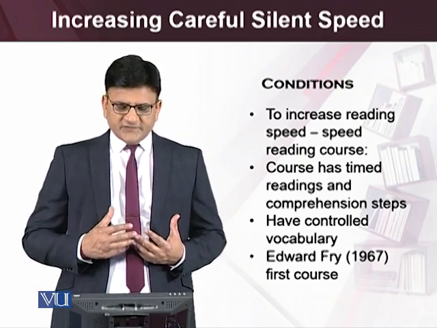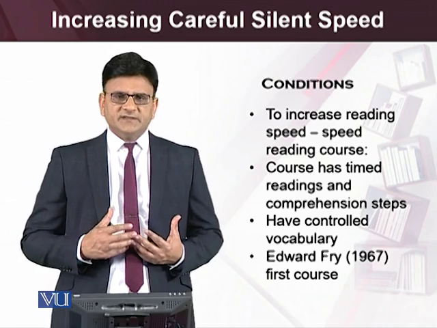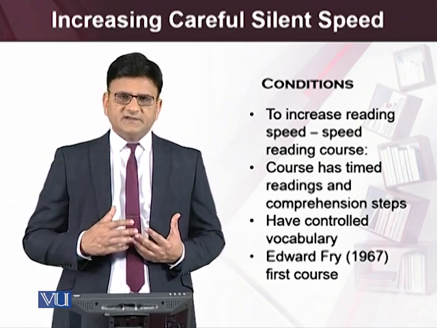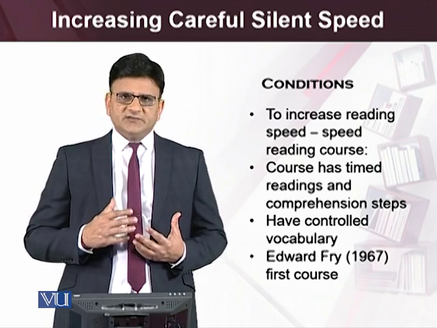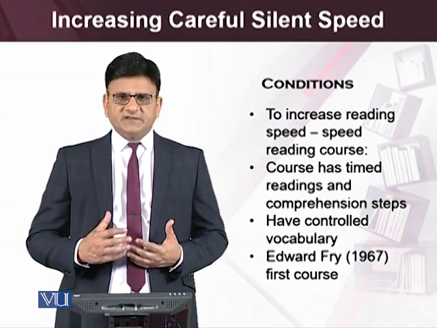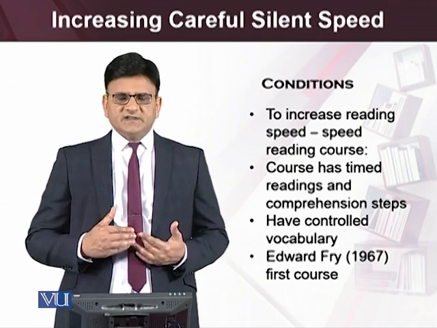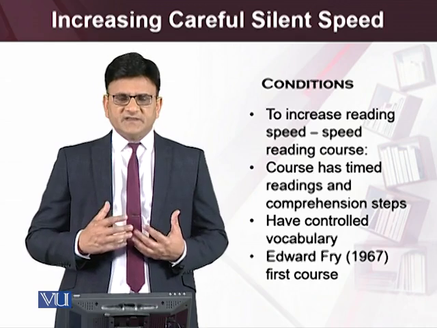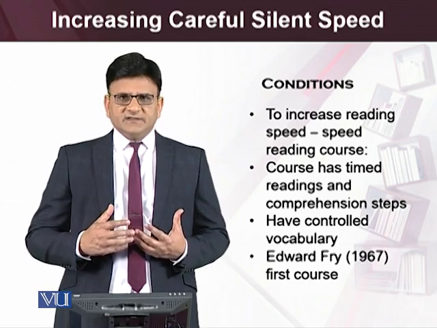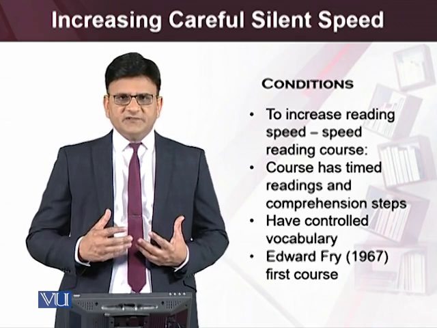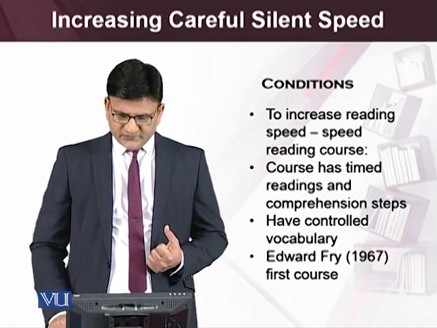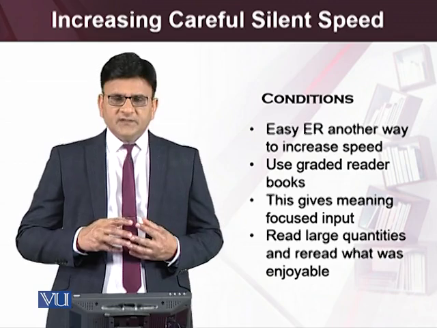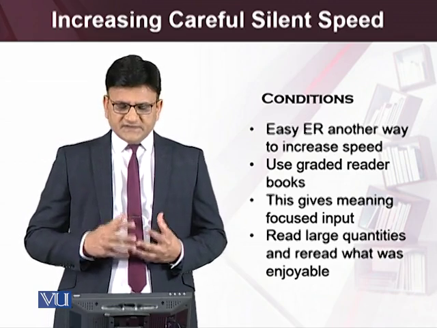Edward Fry was one of the earliest researchers, in 1967, who designed a course, but that was criticized, and then Nation designed another course which stated that at least 1,000 words should be familiar to the students so that they could be involved in speed reading, silent, right?